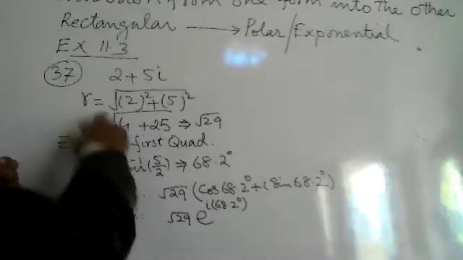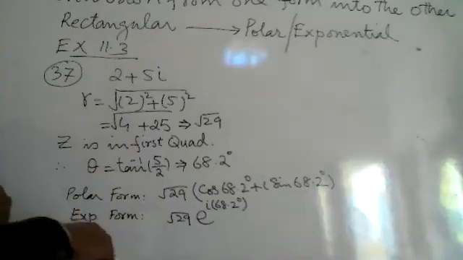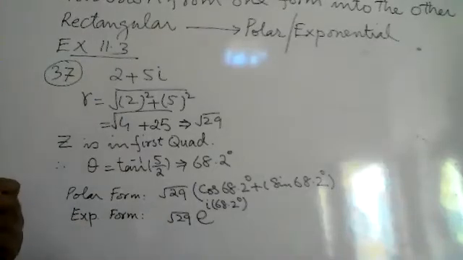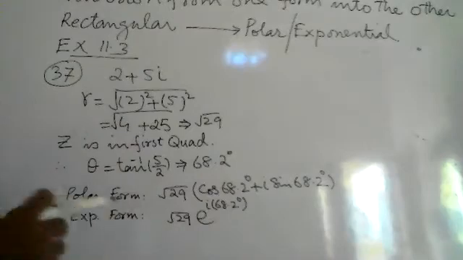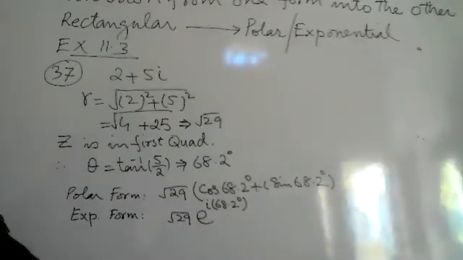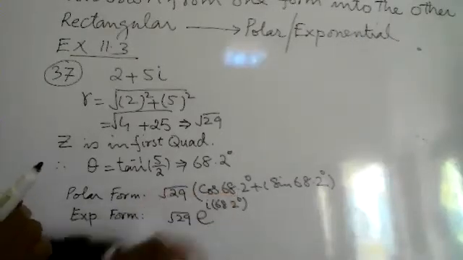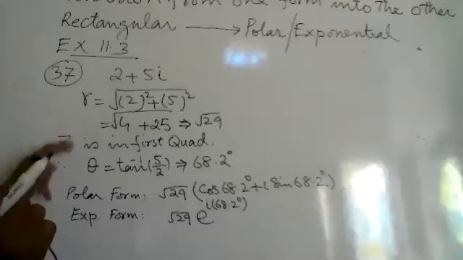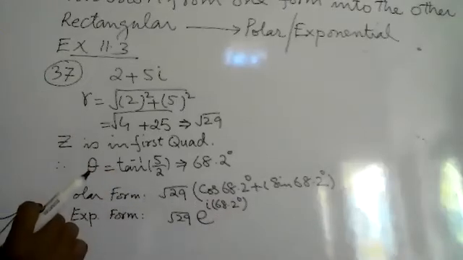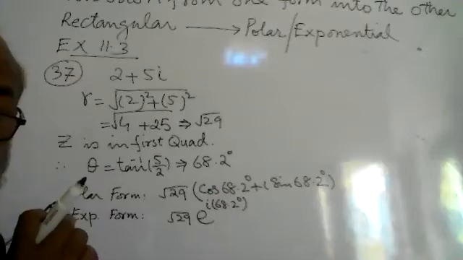We'll find r, we'll find theta, and write both forms, because in both the polar and exponential forms, r and theta are required. So we have to calculate both r and theta, and then put them in the formula r cos theta plus iota sin theta. We'll put the values of r and theta in the formula, and we will get the answer.